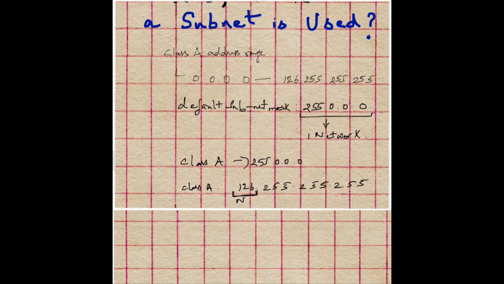So class A address, we have shown here. It starts with 0 and ends till 126.255.255.255. And the first part is the network portion in class A address.